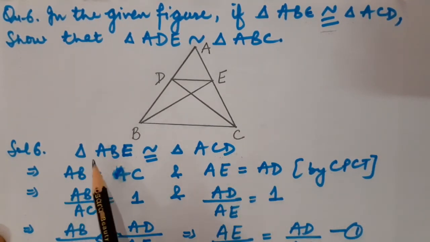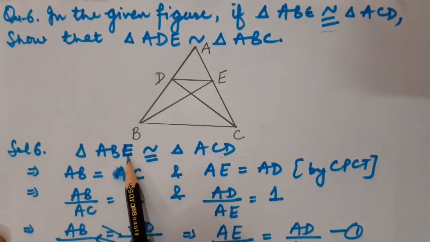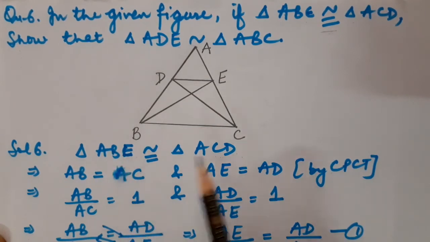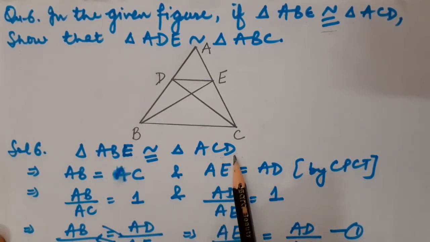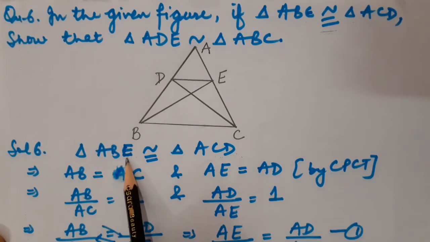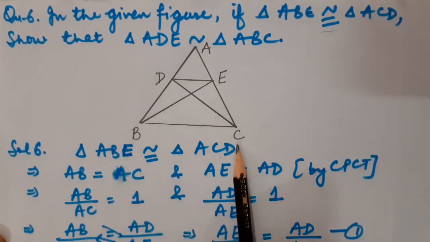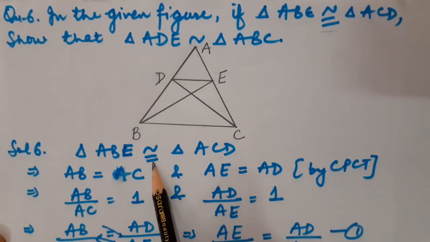Fine. And angle ABE, definitely there will be three angles, and here there will be angle ACD. So all the three angles of the first triangle must be equal to the corresponding angles of the other triangle also, according to the condition of congruency.